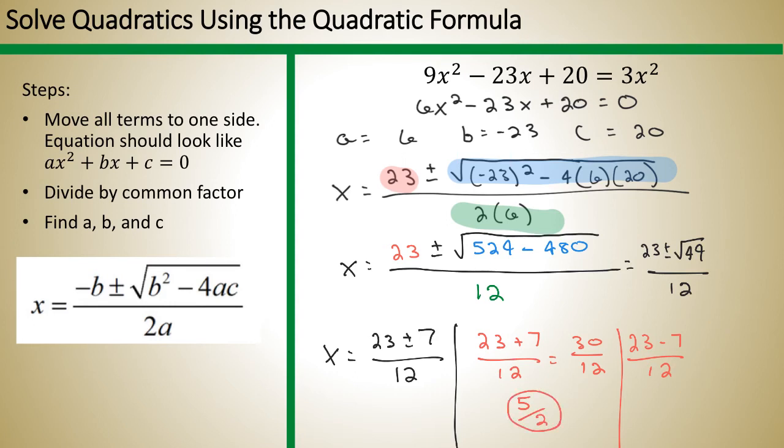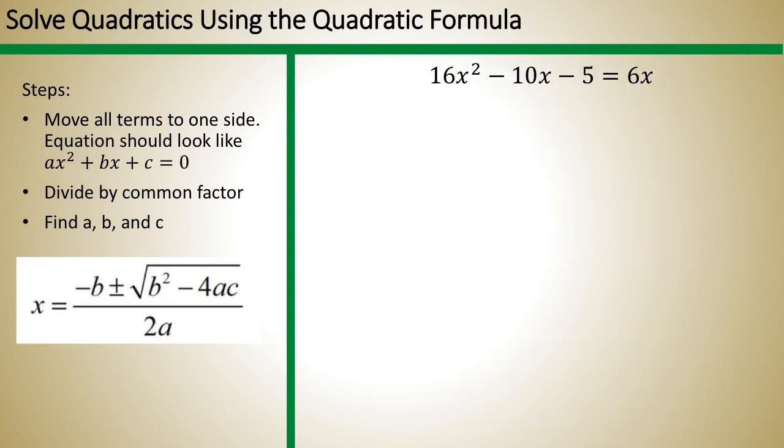And that's one of our answers. This one is going to be 16 over 12. And that will simplify down to 4/3. And that's it. Let's take a look at just one more.